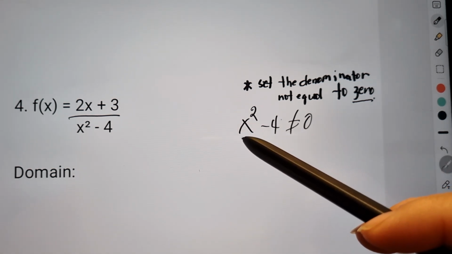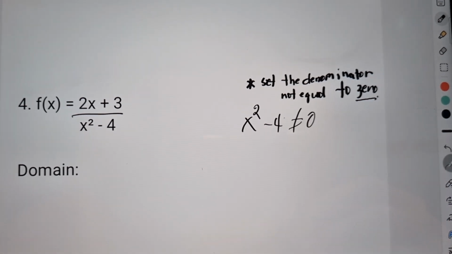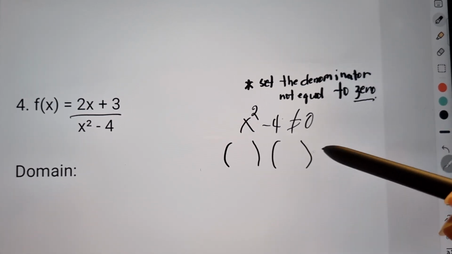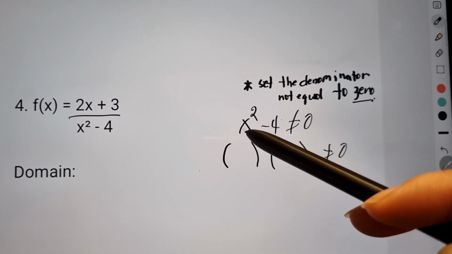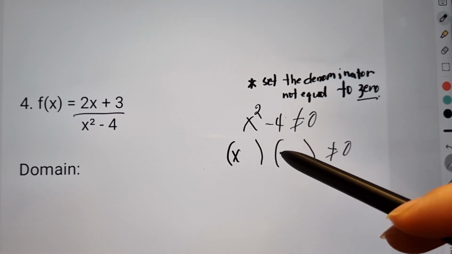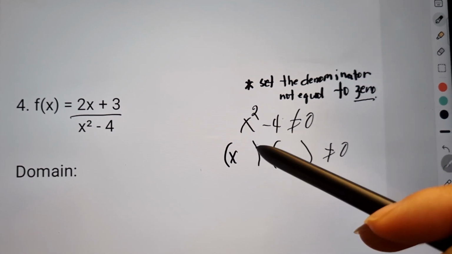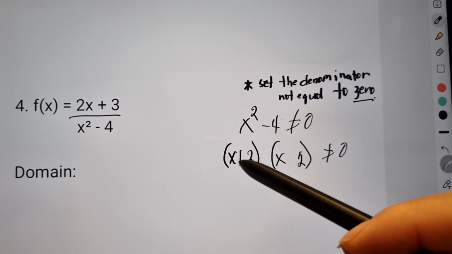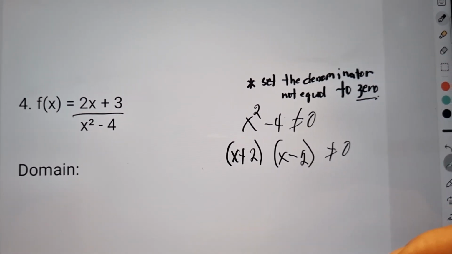Now, look at this expression here. Pwede nating i-factor ito. Okay? This is difference of two squares. Square root of x squared, x. Square root of 4, 2. Kasi ito ay difference of two squares, so plus dito, minus siya dyan. Okay?